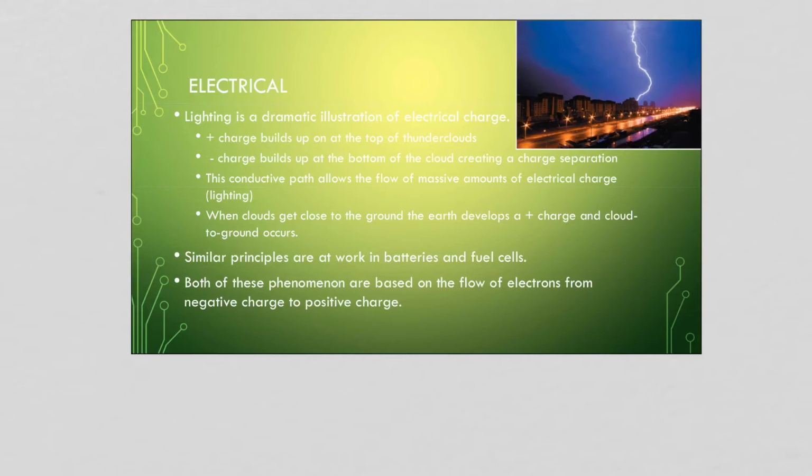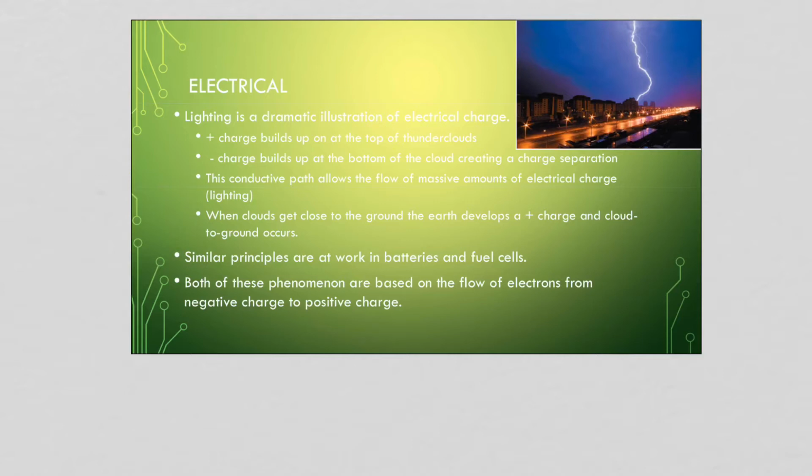And we build up positive charge, and this rises to the top of the thundercloud, and negative charge builds up at the bottom of the cloud, creating a charge separation. This conductive path, this separation of charges, now exists, and it can allow the flow of massive amounts of electrical charge between them, and this creates lightning.